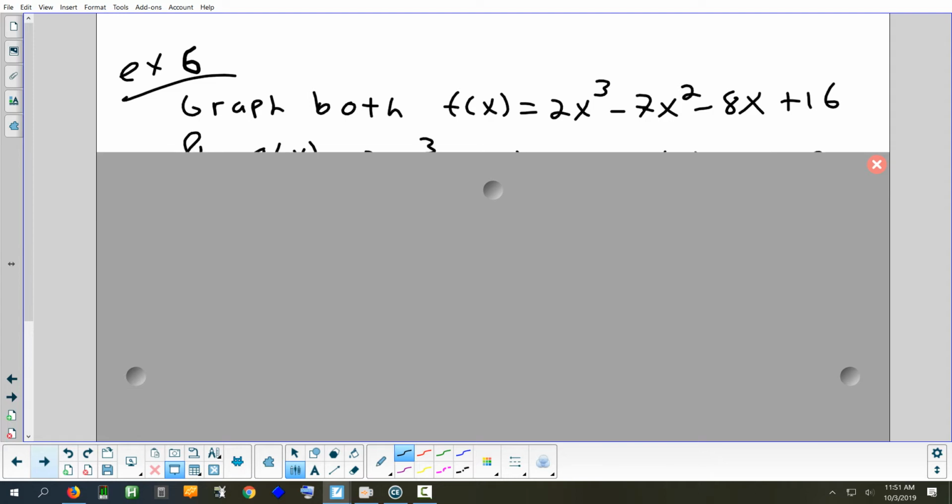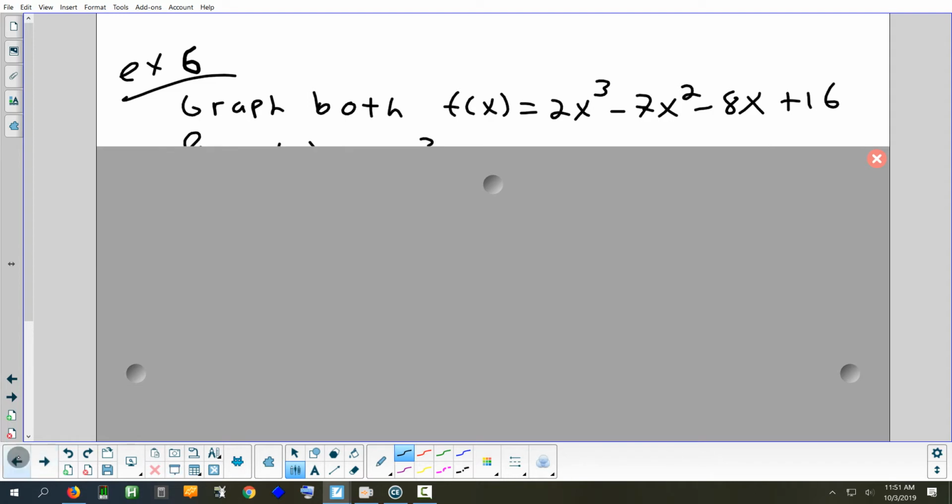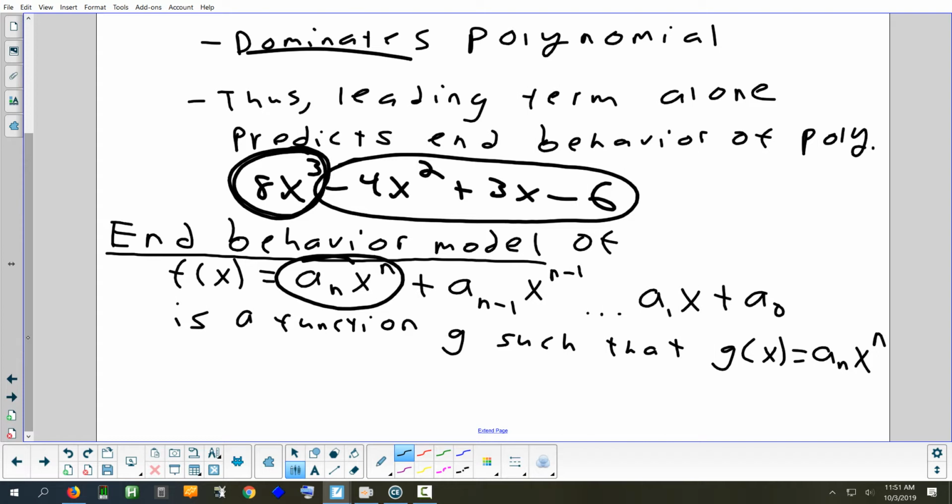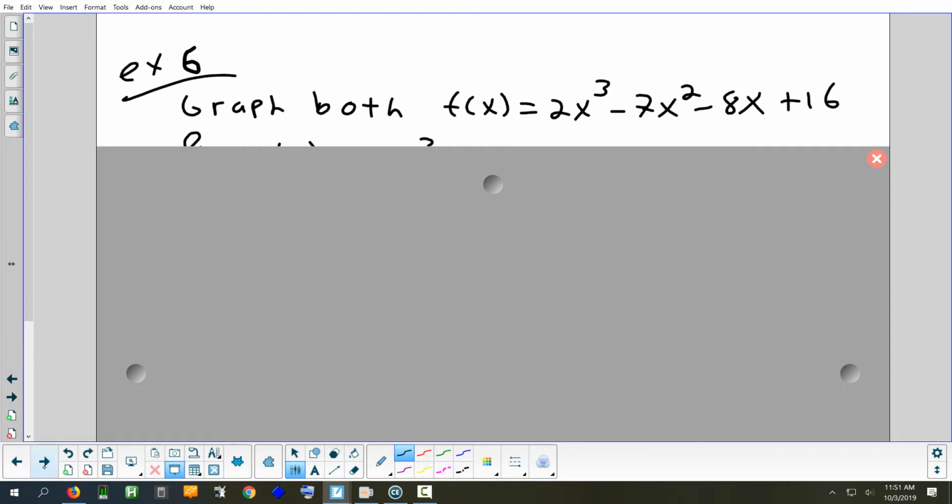All right, so here's a formula. Go back for a quick second, please. I'm going to give you f of x, that'll be the original, and then g of x is the end behavior model. Actually, before I even show you, can someone tell me what the end behavior model is going to be? Zach?